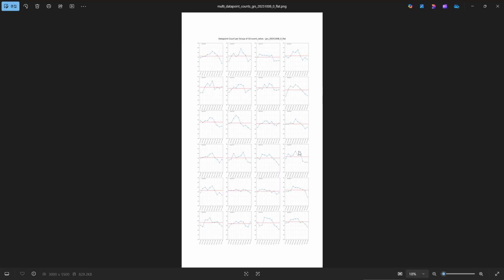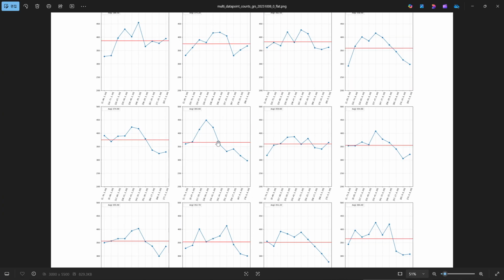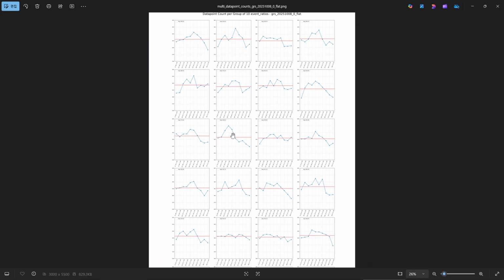It seems that when it's flat, the concave shapes tend to manifest themselves a bit more, but not that much. I mean, slightly more maybe. But this is very interesting.